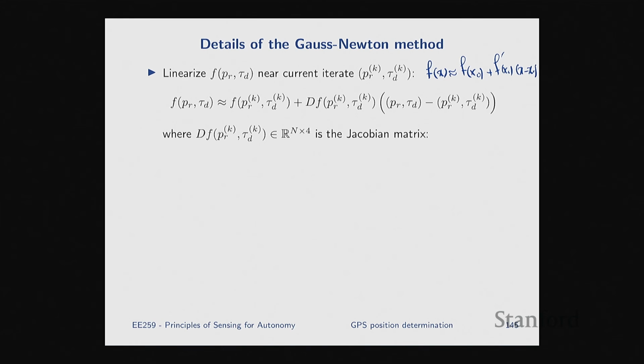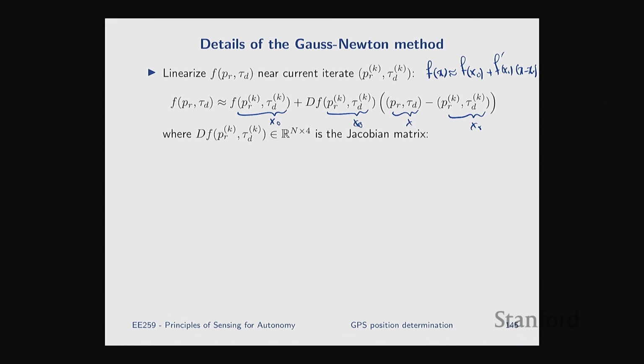This is exactly that, except the notation is a little uglier because our x is now this vector. And df is like the f prime for the vector case, and this is x, and that's my current iterate, x0, right? Nothing really beyond that, as simple as that.